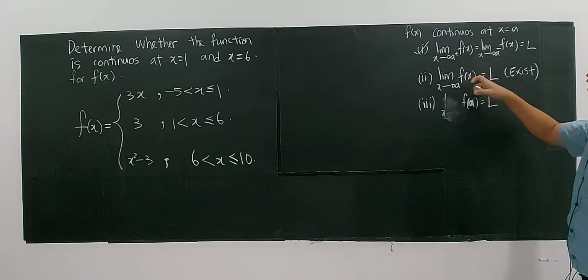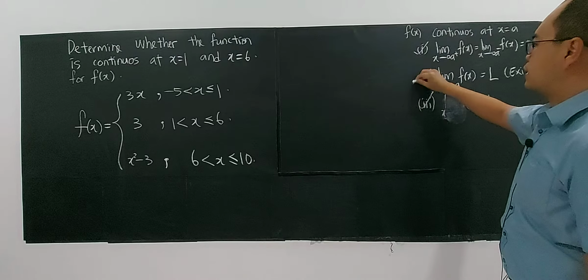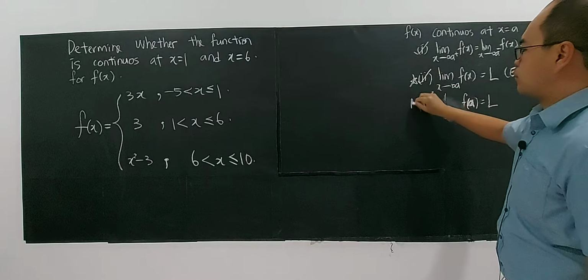These last two are the most important ones. The limit exists, and the value is L, and now I simplify for you. The limit near this point is L, and f(a) is also L. So we say that they are continuous.